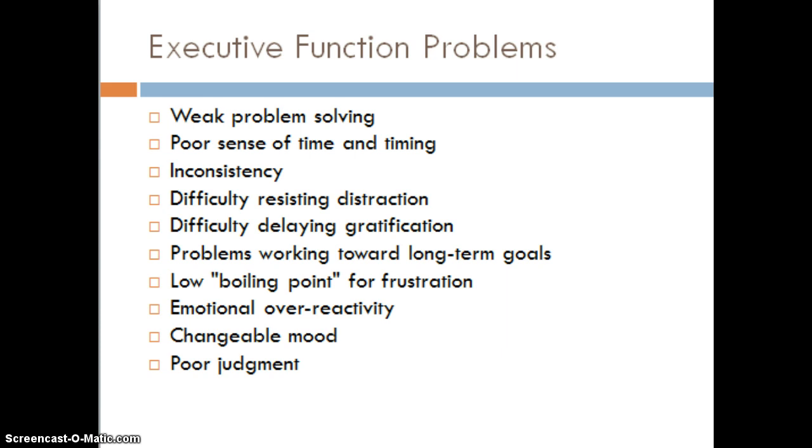Their timing will be off. They're inconsistent. That inhibition makes it so they can't resist those distractions or wait till later to get the reinforcement. So you need to consider that they have problems working toward long-term goals for those reasons.